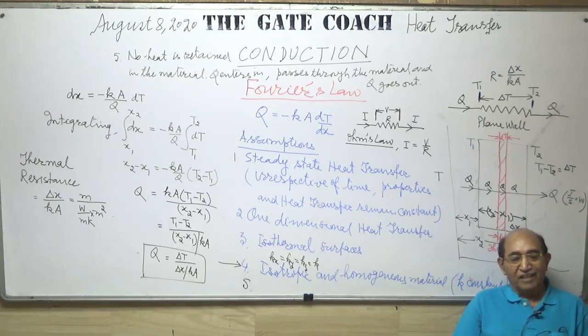At 10 a.m. I find 10 watt of heat transfer is taking place. After half an hour I see still the heat transfer remains the same. That means it is independent of time. When everything is independent of time, we say a steady state has been achieved.